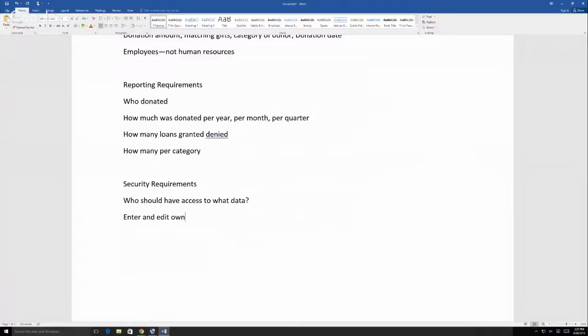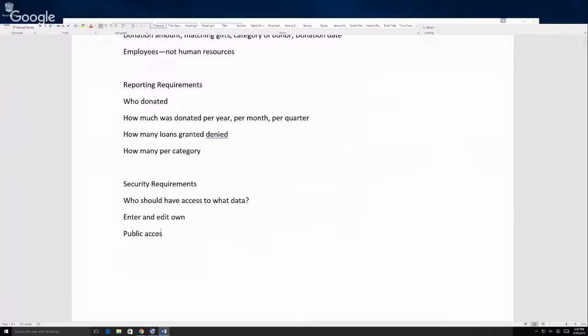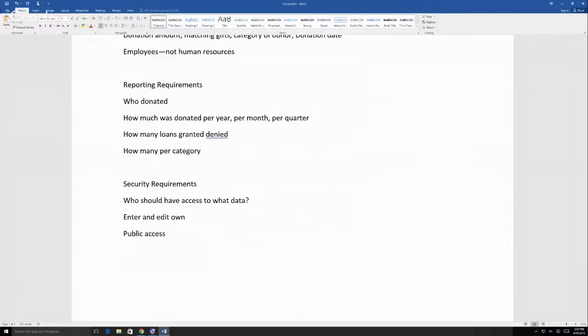What things should everyone be able to see? That might be one thing too. Yeah, so there's probably a public presence if you have a website. The website isn't the database, but it's the front end of the database. So they're talking to the database through the website. What the public access would be, they probably should be able to see most of the reports.